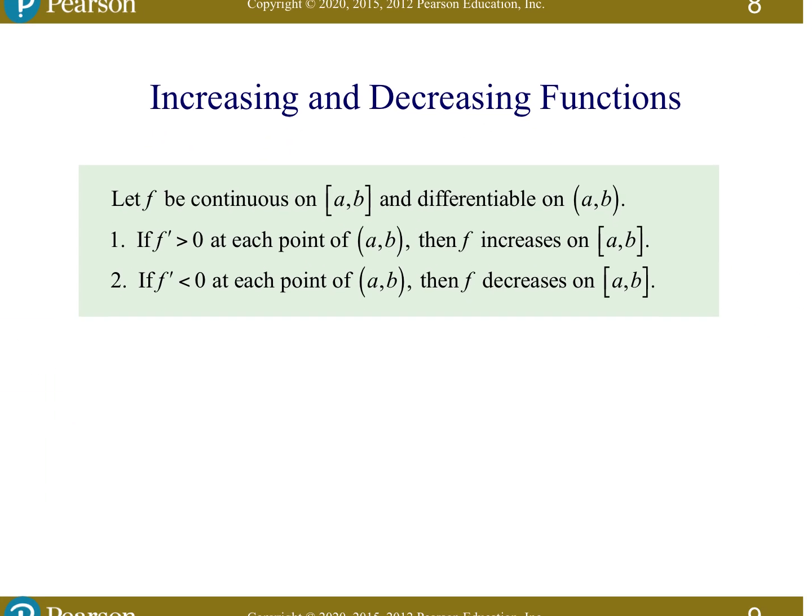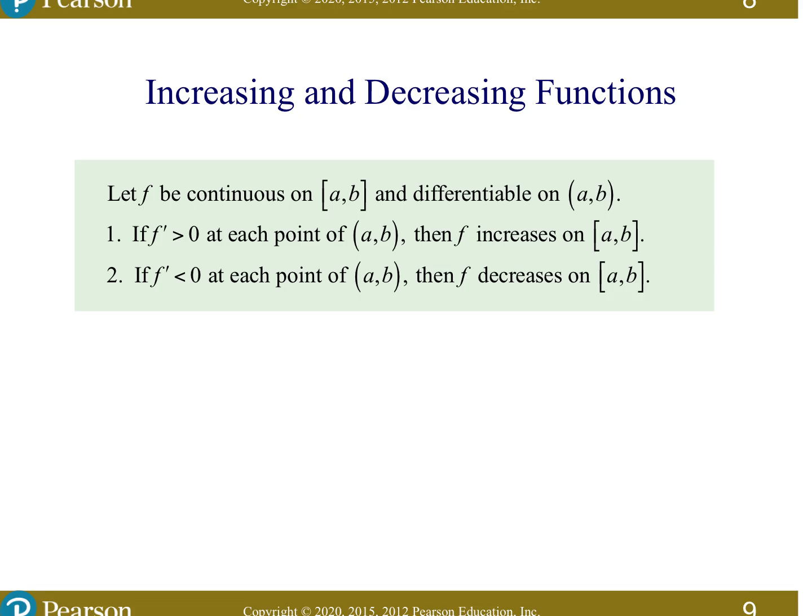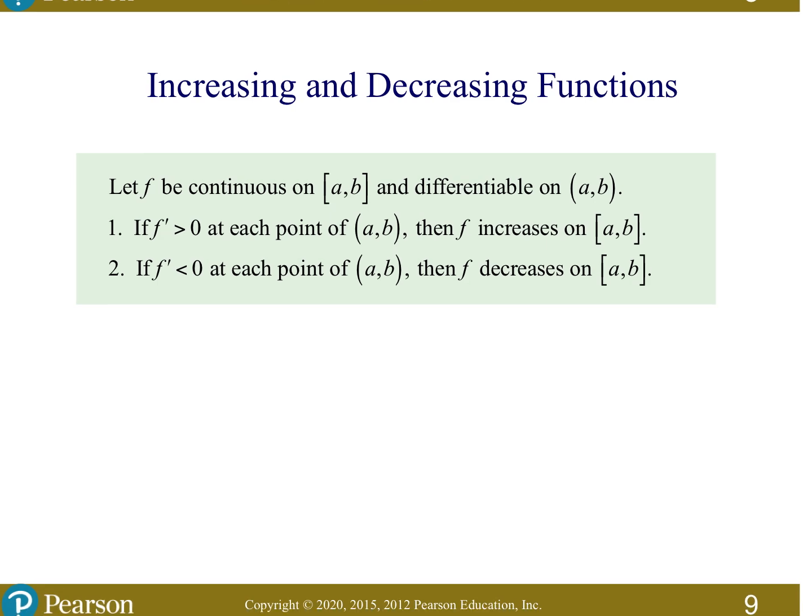All right, the other thing that pops up in 4.2, and this kind of goes with, Allie, your question about a plus to a minus. On 4.2, we're really going to start focusing on what the pluses and the minuses indicate, making first derivative charts, so that if we have a plus, which means f prime is greater than 0, then we're talking about the language of f increases on that interval.